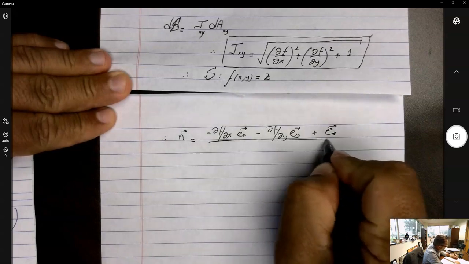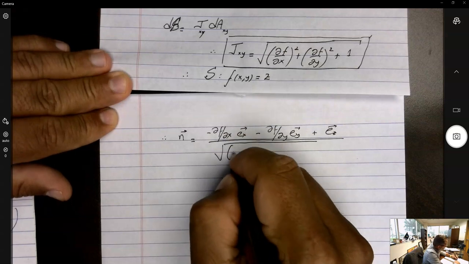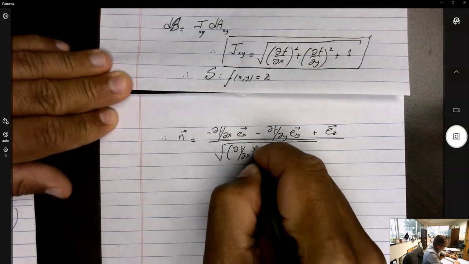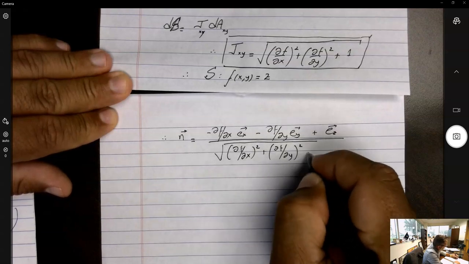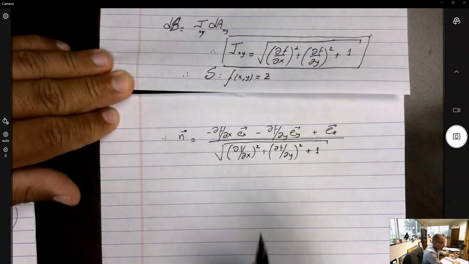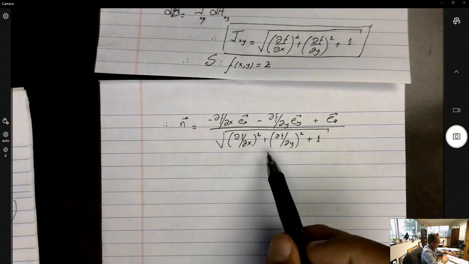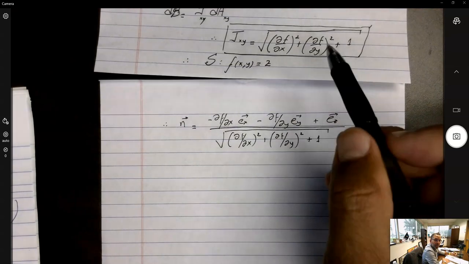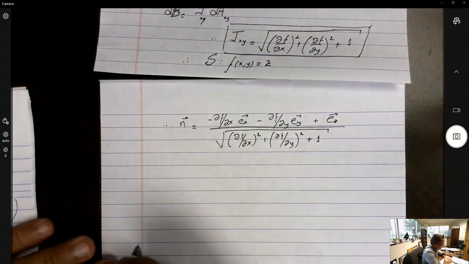All of these divided by the magnitude of this vector, which is the square root of (df dx) squared plus (df dy) squared plus 1. And remember, f is the function that describes the surface S. It is going to work out this way, so that the Jacobian and the denominator of n actually cancel out.